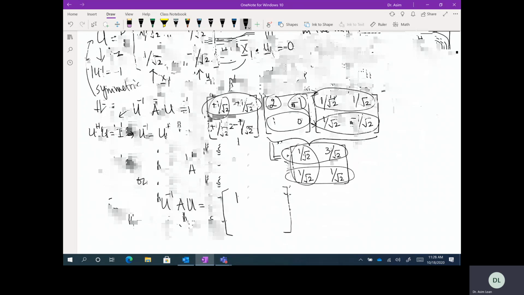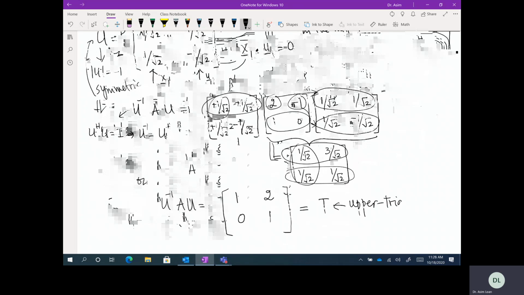Half plus half, this is 1. This is 3 halves plus half, 3 over 2 plus 1 over 2 is 4 over 2, which is 2. Here you subtract, so it's 0. 3 by 2 minus 1 over 2 is 2 by 2, which is equal to 1. And this is a triangular matrix, an upper triangular matrix.